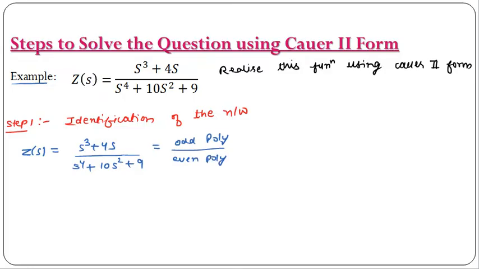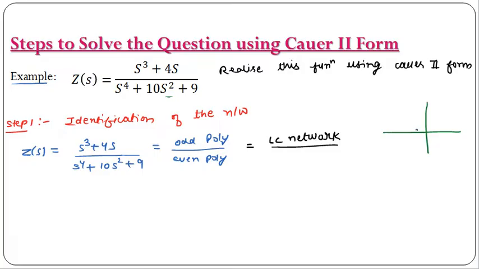So if we are getting a function like this, even by odd or odd polynomial by even polynomial, then this indicates that the given function is of LC network. And if you have to check for the other network, suppose this is not an LC network, then you have two possibilities: either this is an RC network function or an RL network function. And for that you have to plot the zeros and poles for this given function. So when you solve the numerator and find its roots, you will get the locations of zeros. Similarly, if you solve the denominator polynomial, you will get the location of poles.